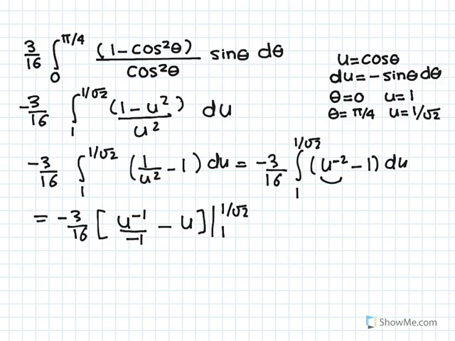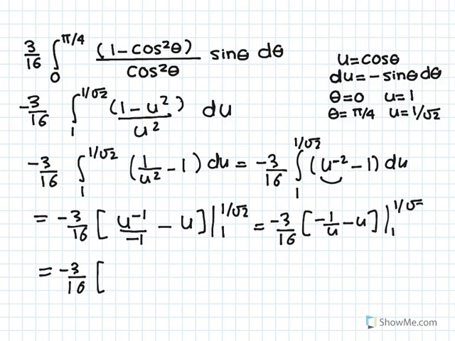Now let's apply the fundamental theorem of calculus and plug these limits in. Minus 3 over 16 times. Let's simplify this a little bit just so that it's easier to put the numbers in. So we have negative 1 over U minus U from 1 to 1 over root 2. All right, so now we have minus 3 over 16 times negative 1 over root 2 minus 1 over root 2, minus, now put the lower limit in, we get negative 1 over 1 minus 1.